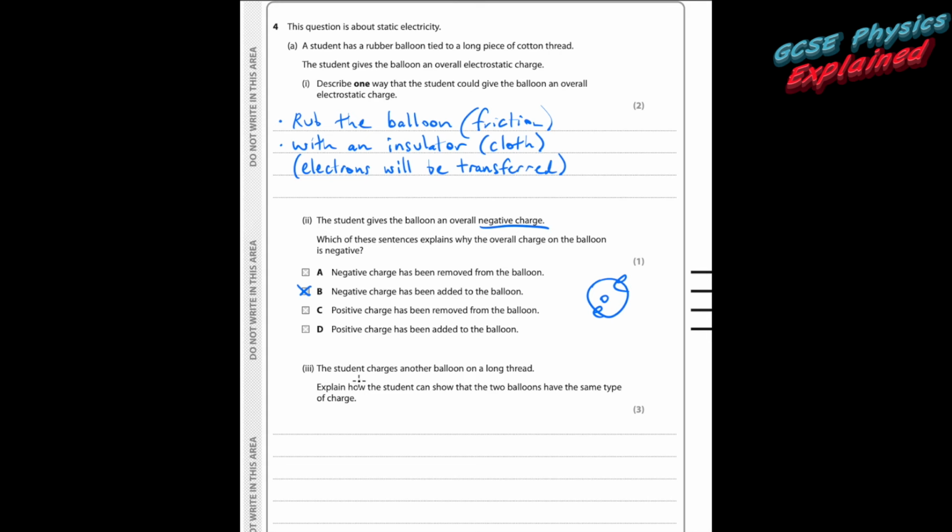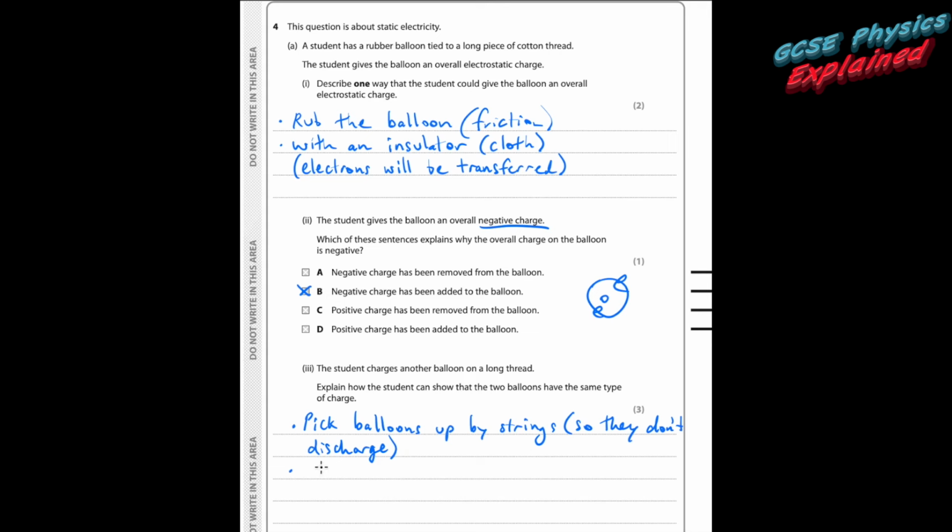Part 3. The student charges another balloon on a long thread. Explain how the student can show that the two balloons have the same type of charge. Right, well you'd have to handle the balloons in a way that you didn't discharge them. So pick the balloons up by the strings so they don't discharge.